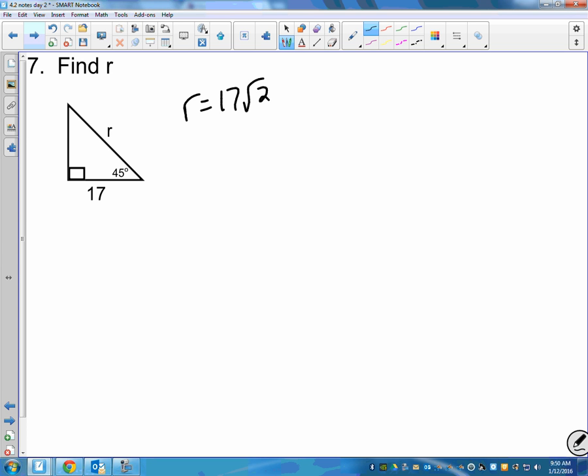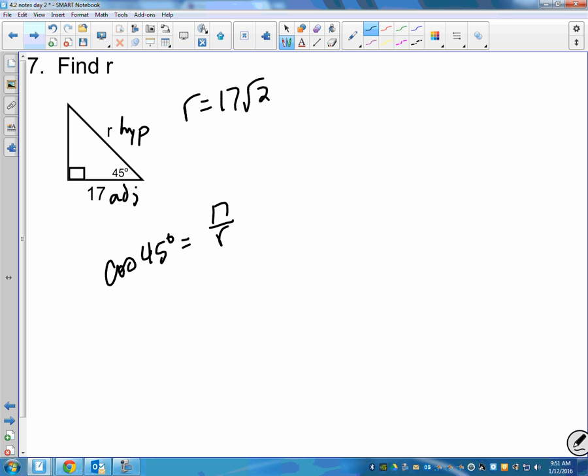Let's say you didn't know it and you were allowed to use a calculator. You could do just like the last problem, and you could say, well, 45 degrees, if they use 45 degrees compared to here is adjacent. This would be hypotenuse, which means you could say that cosine of 45 degrees equals 17 over r.